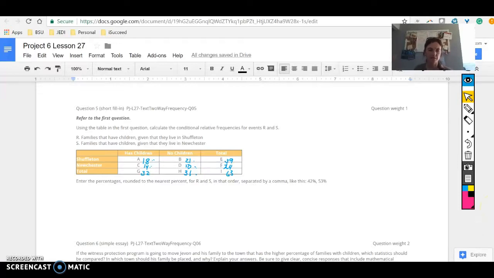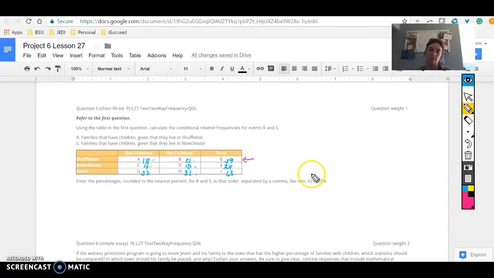Now we need to find the conditional relative frequencies for R and S. So R is going to be families that have children given that they live in Shuffleton. So this is going to be the percentage of families in Shuffleton that have children.